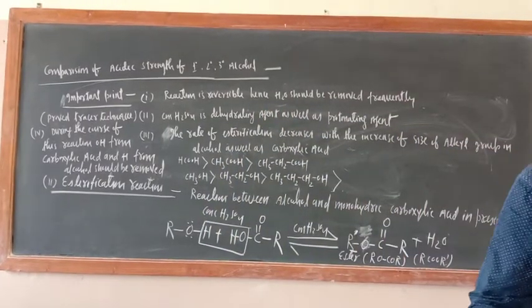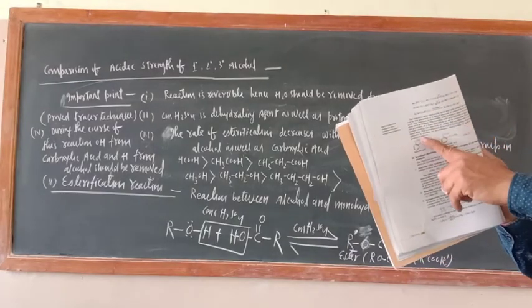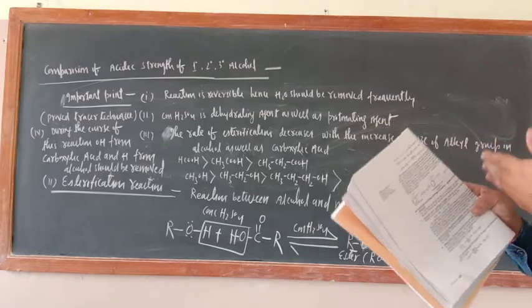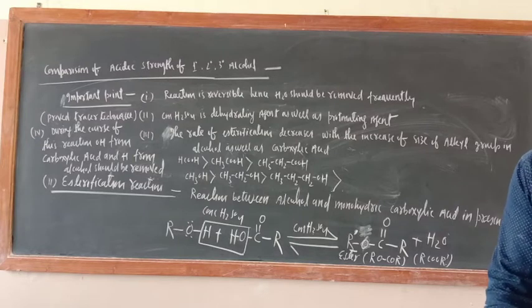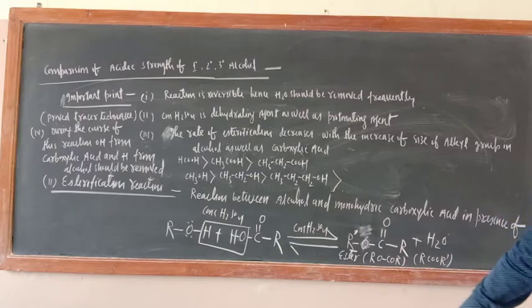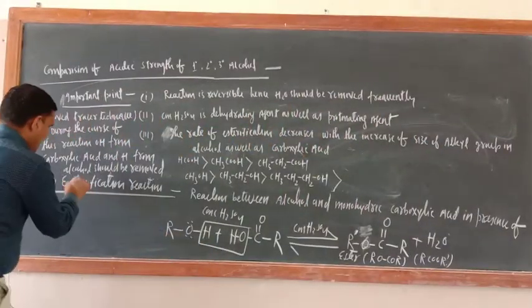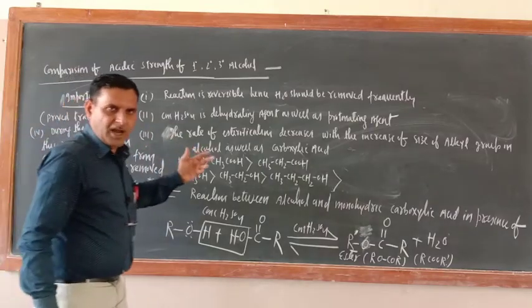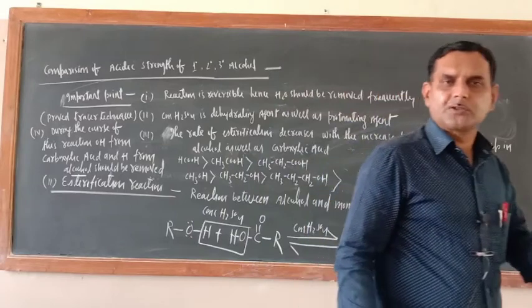Now just see, in the NCERT book they have explained it in this way, with R. The value of R means CH3 and all those things, so don't worry. And some other reactions are also there as far as alcohol is concerned, that is reaction with acid chloride and reaction with acid anhydride. Those reactions should also be discussed.